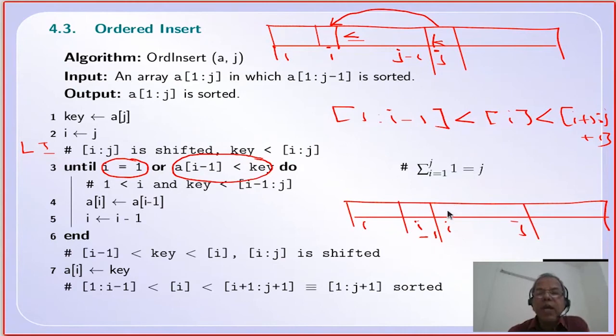Suppose i to j has already been shifted right by one position to i plus 1 to j plus 1.